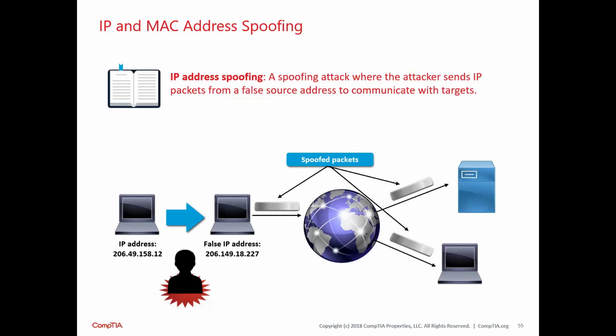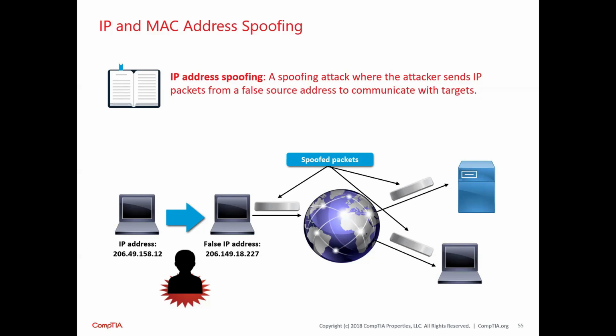So basically, you tell other computers, "Hey, this is my IP, this is my MAC address," where your MAC address and IP are not actually that one. You can spoof the packet using this technique to make sure they won't be able to catch you.